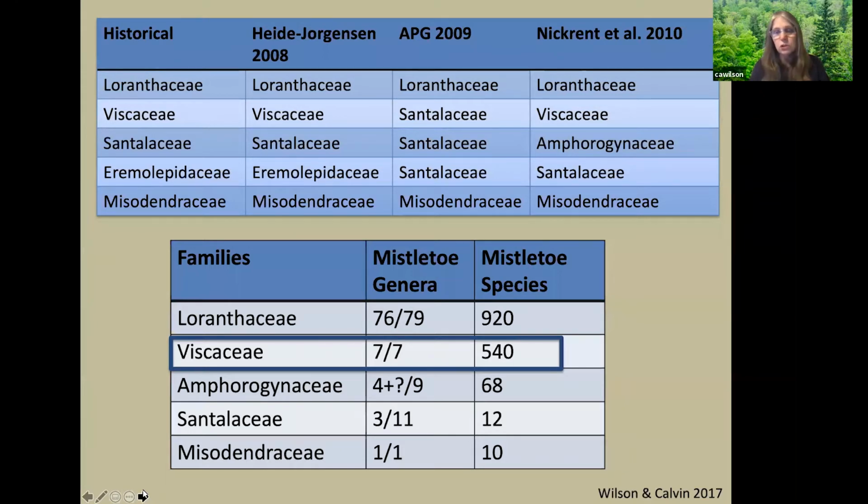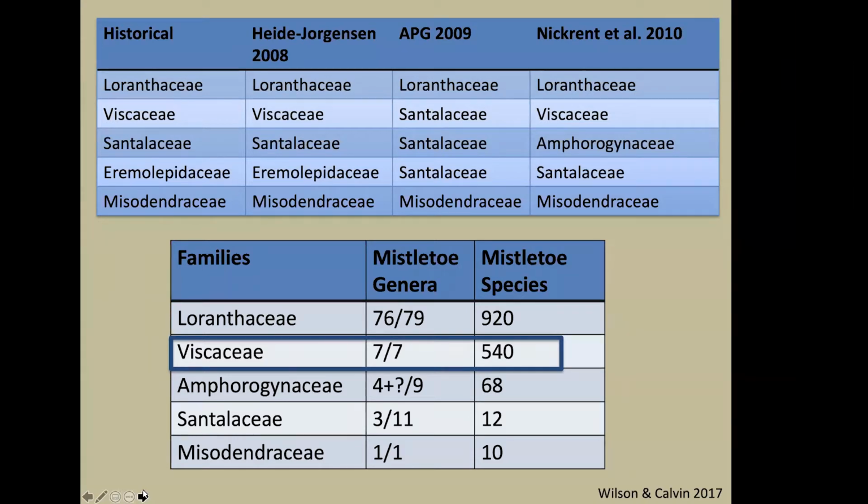There have been changes over time in how these families have been viewed. We tend to use Nickrent's 2010 idea of mistletoes, which is more like the historical one than some of the new treatments, where mostly they've merged things into the Santalaceae.